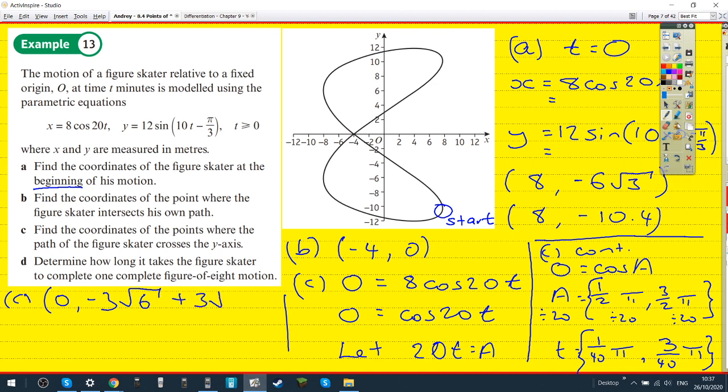Yeah. Okay. And what is that roughly? That is minus 3.11. So that's probably that one there. Yeah. Okay.